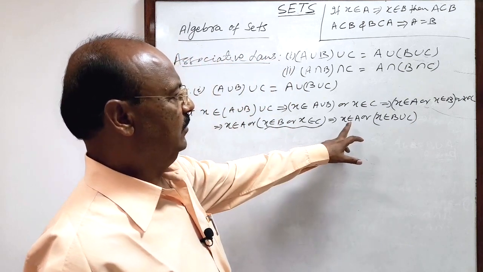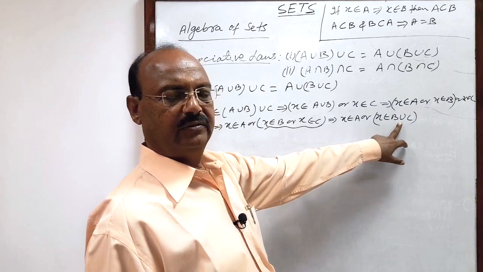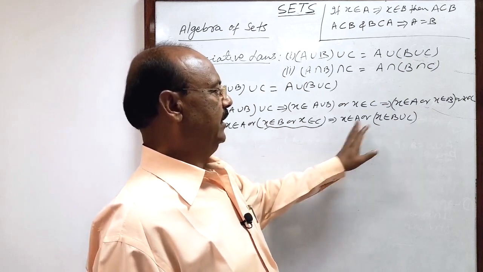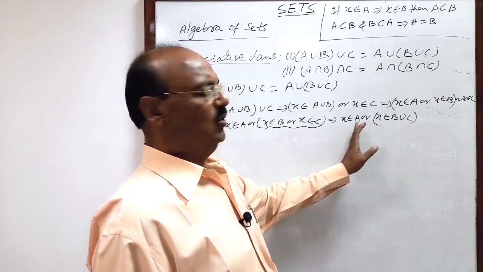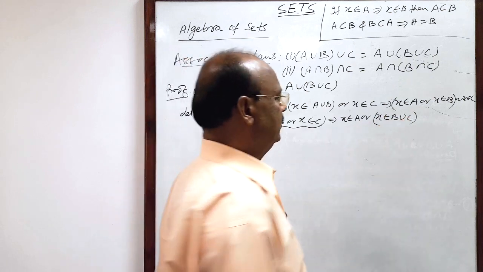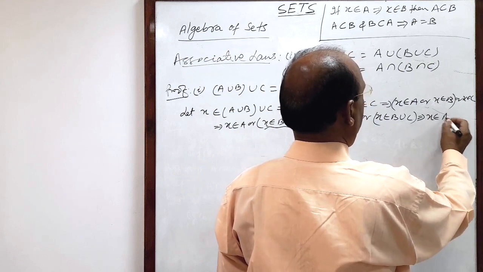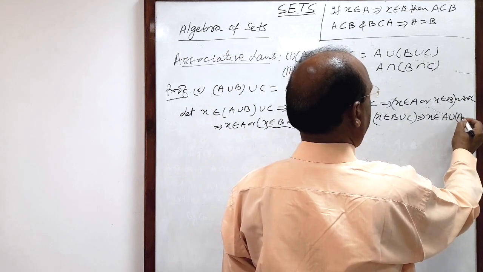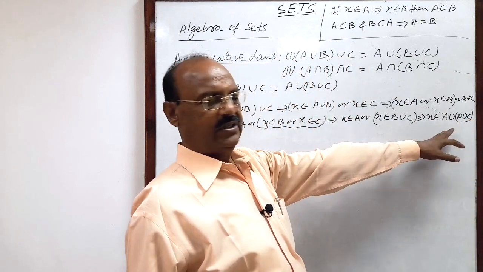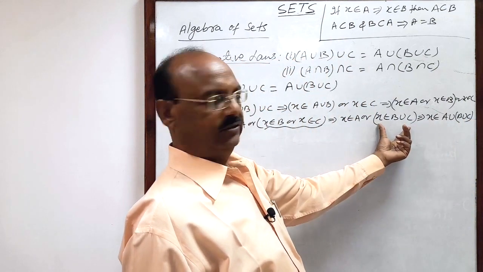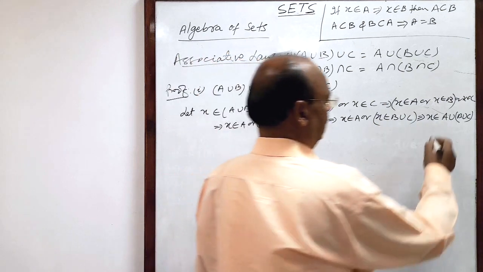Now you see here, X belongs to A or X belongs to this set. So if any element X belongs to either of these two sets, X belongs to the union of these sets. So this implies that X belongs to A union (B union C). So the bracket has been shifted due to this step.